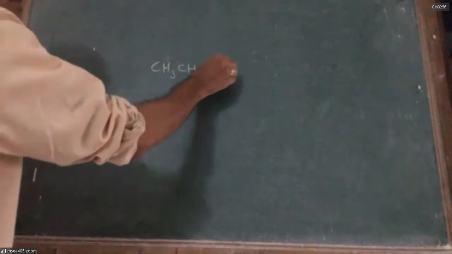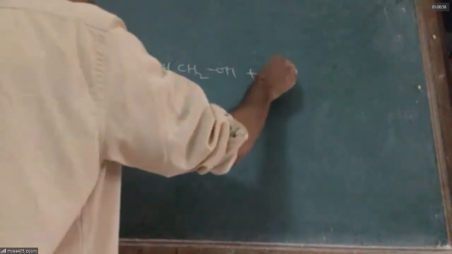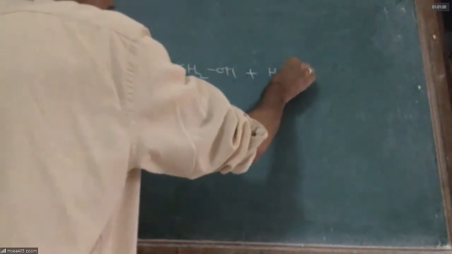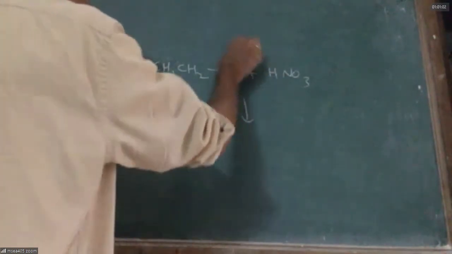Now, we have talked about some reactions of alcohols where it is acidic, some reactions where OH is replaced, very good. Now I want to see, if I take ethyl alcohol and add nitric acid, what happens?